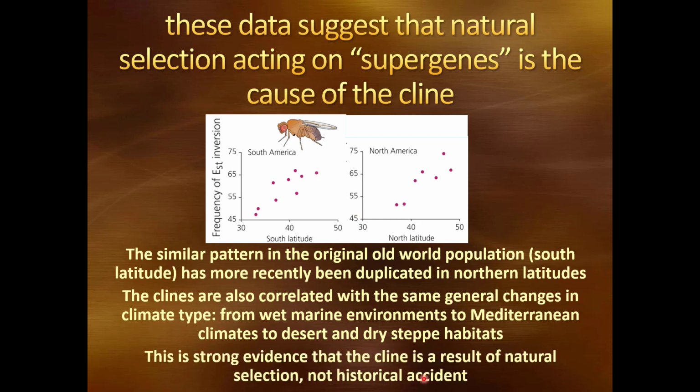So again, this evidence of a cline that we see here is telling us that this has probably been under selection. This is probably not just some historical accident that created this pattern, but that selection has favored more of the inversion here and fewer of the inversions back here.